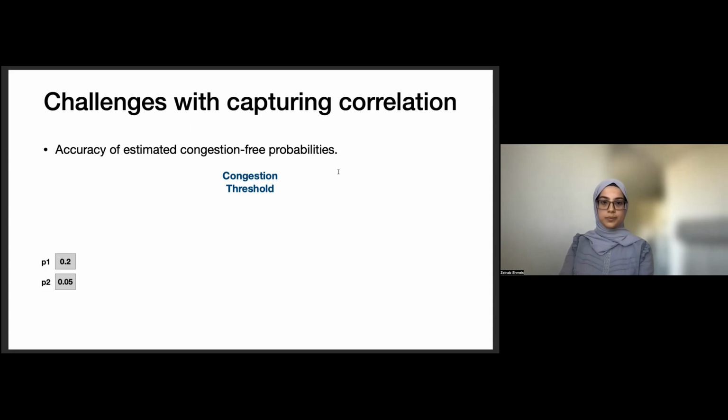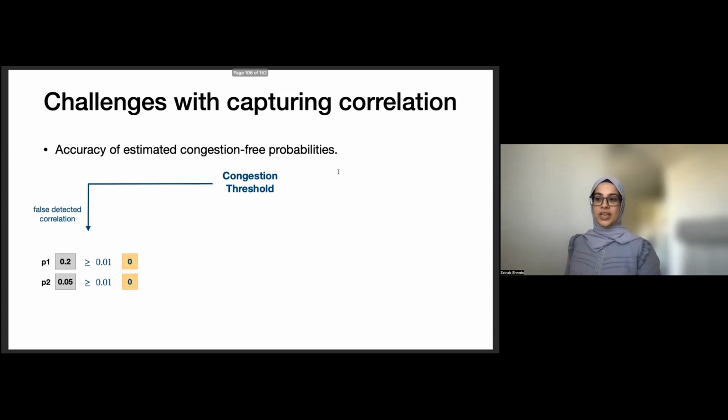In this interval, the loss ratio of path 1 was 0.2, while path 2 was 0.05. So clearly, path 1 is more congested than path 2. And the ground truth should be that there is no correlated congestion. But say I selected my threshold too low, and I assume that both of them are congested. That's a falsely detected correlation, which can lead to false accusation of the access ISP.